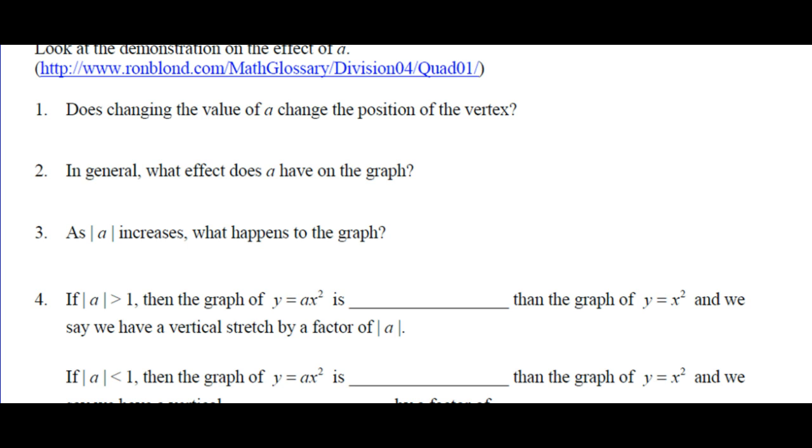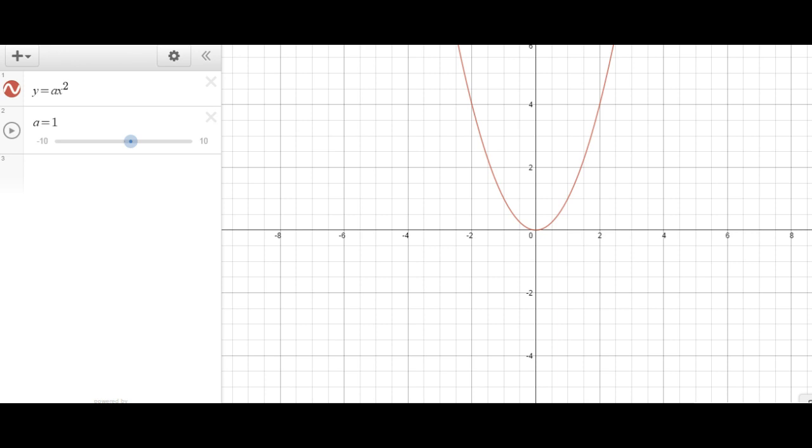Okay, so let's go change the value of a and see what happens. Okay, so is the vertex changing? No. Oop. What happened there? Oh, wait. Now a is negative, and what's it doing when a went negative? It's going down. Here, let's just do this. It's more cool.